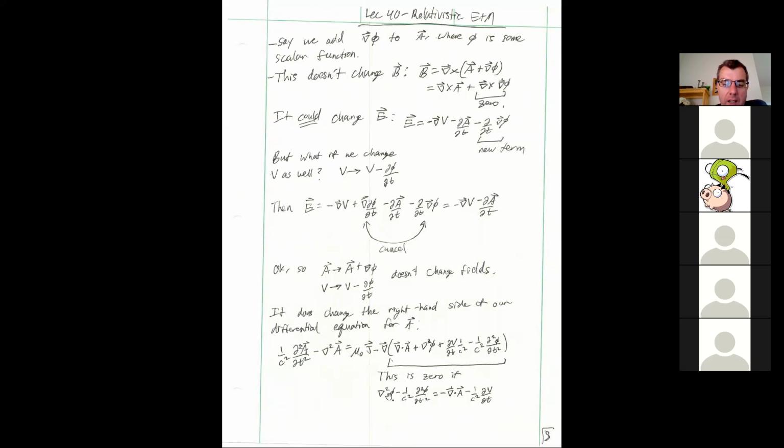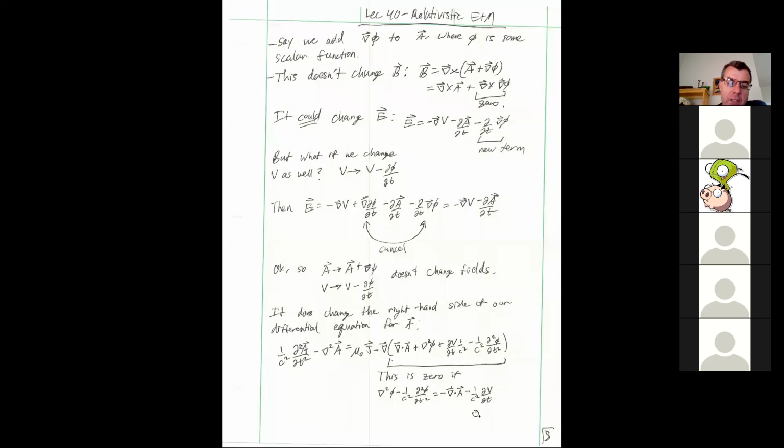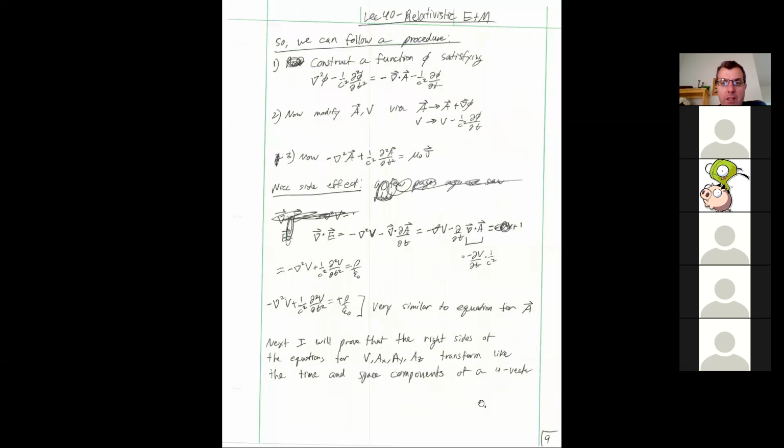So I'm going to say that my gauge function satisfies a wave equation, and all of this stuff here, this divergence of A and this time derivative of V, the stuff that I didn't want in my equation for the vector potential, that stuff is the source term for my gauge. I'm basically saying that my gauge function is created by all the stuff that I don't want, and that's how I'm getting rid of it.